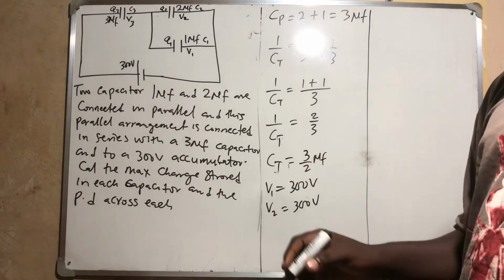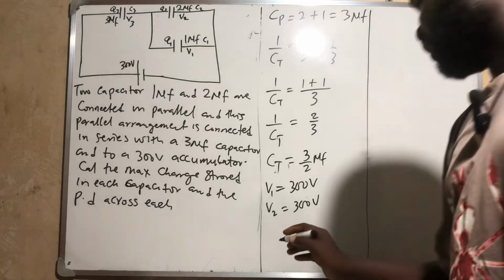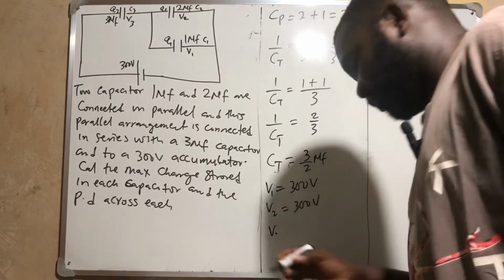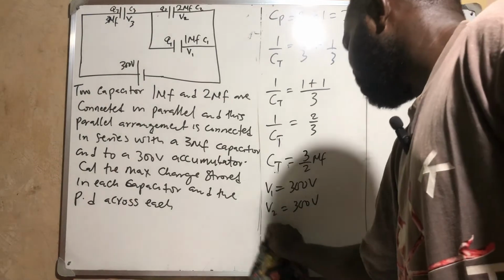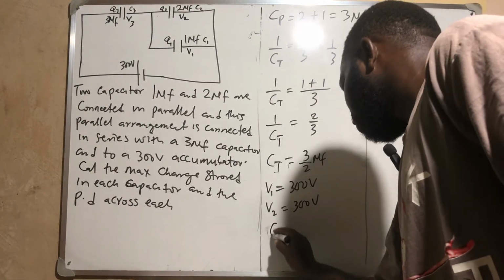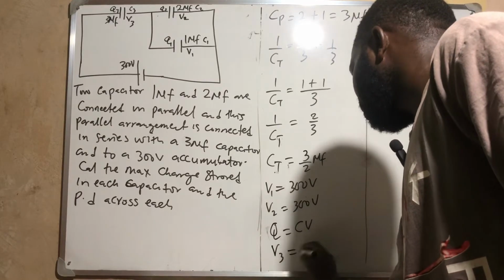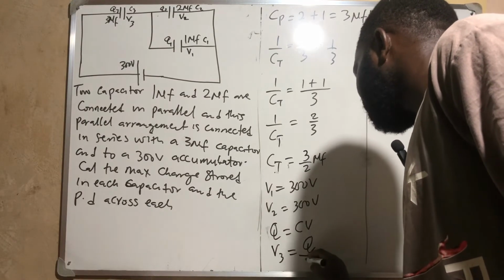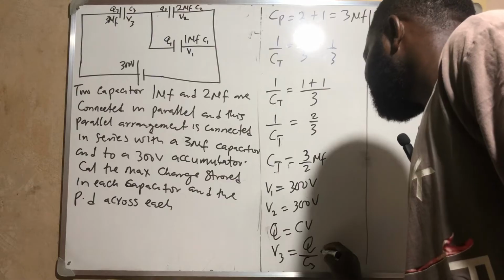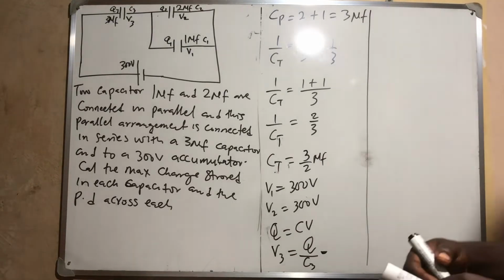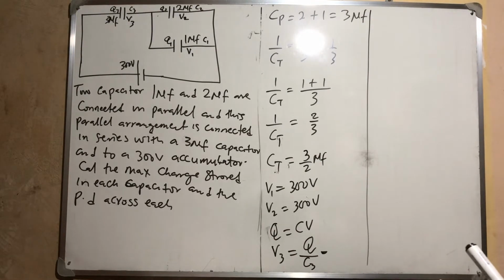But for V3, what is V3? Don't forget, capacitors are always charged. Q is equal to CV. So to get my V3 will now be Q over C3. Have I gotten my total charge? Oh, I've not gotten my total charge. So let me get my total charge.